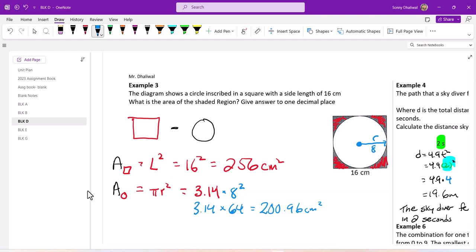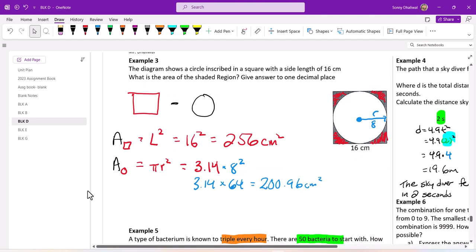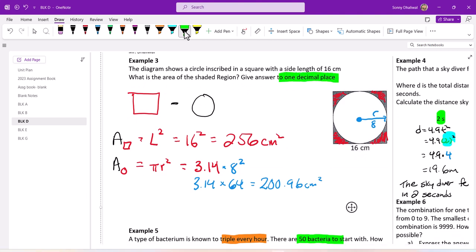This year is not so bad. Next year, you're going to start talking about rounding rules. Generally, you don't round until the very last step of your calculation, so you're going to have to be storing things. This year, if you rounded it here, I wouldn't mark you wrong. But the question says give your answer to 1 decimal place. So I'd keep it going like this to the very end, and then round the very last answer to 1 decimal place.